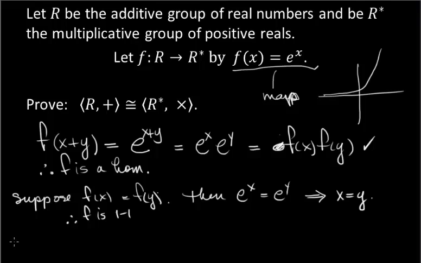Now we want to show that it is onto. So let z be any element of R star, some positive real number. Excuse me here, we've been using R star before to be the non-zero reals.